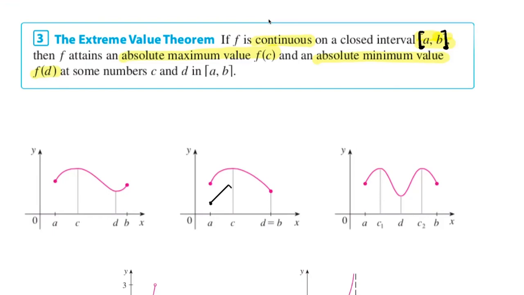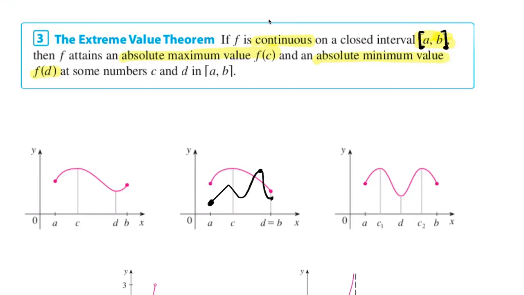I can have sharp bends. It can wiggle. It has to be continuous, though. I can't have any jump discontinuities. I can't have any asymptotes. At some point, my pen had a highest y value. It had a lowest y value. It has to. So stop the video and play around a little bit. Try to foil the theorem. Maybe you could become famous if you could draw a continuous function on a closed interval that doesn't have an absolute minimum or an absolute maximum.